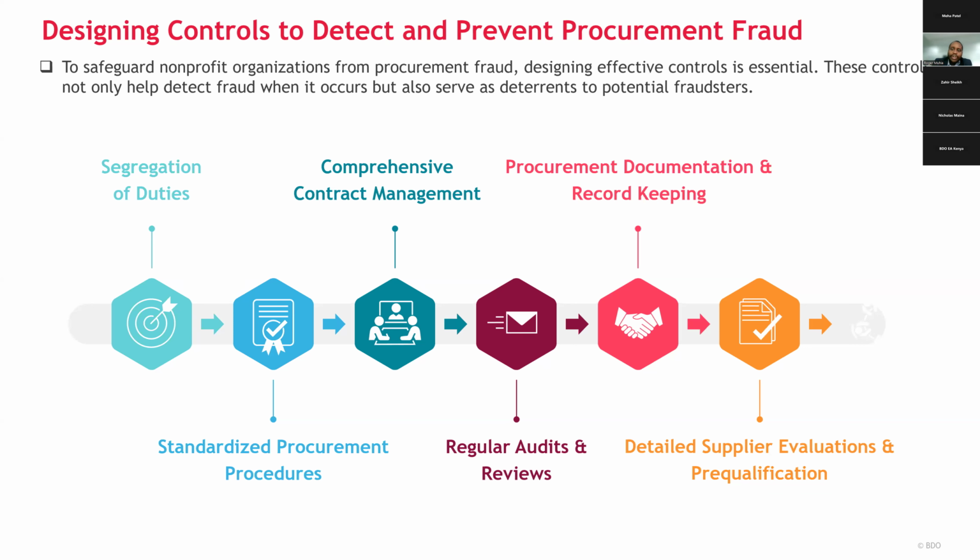You can also continuously monitor your suppliers. Once you have selected a supplier, you continuously monitor their performance and their compliance to the contract terms regularly, so that any changes in their conditions or in their service delivery can let you know that there's something going on.